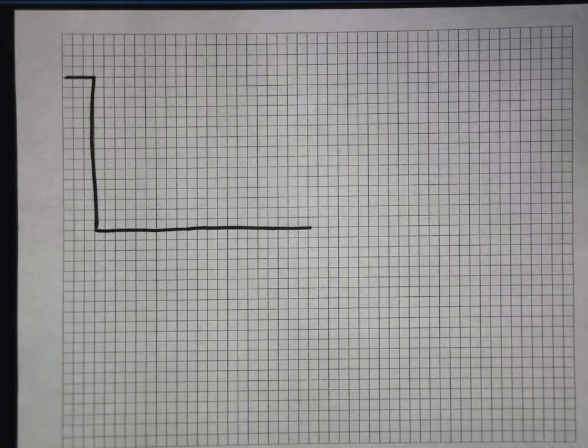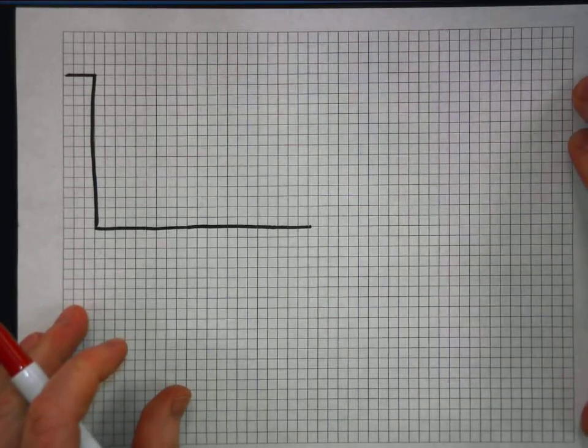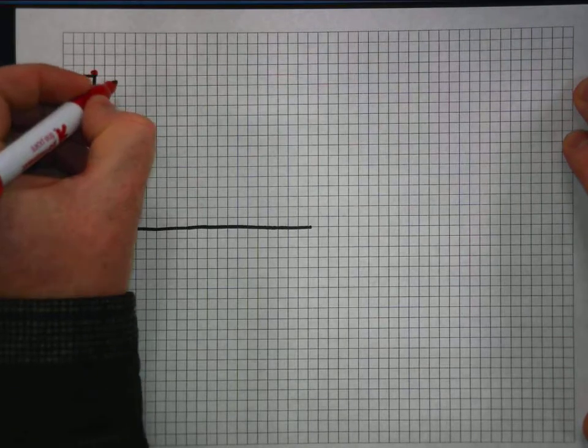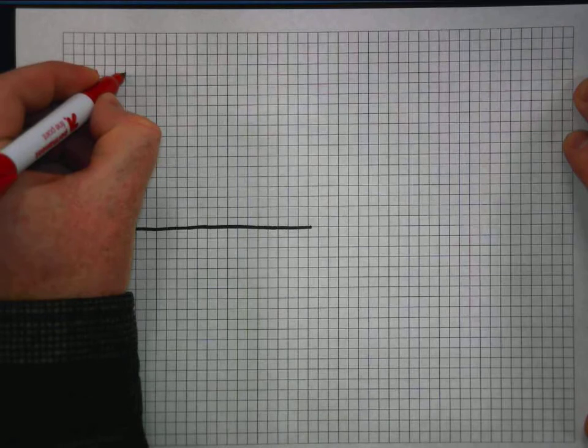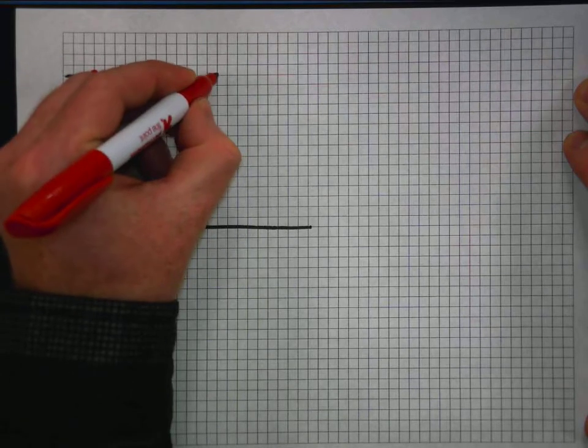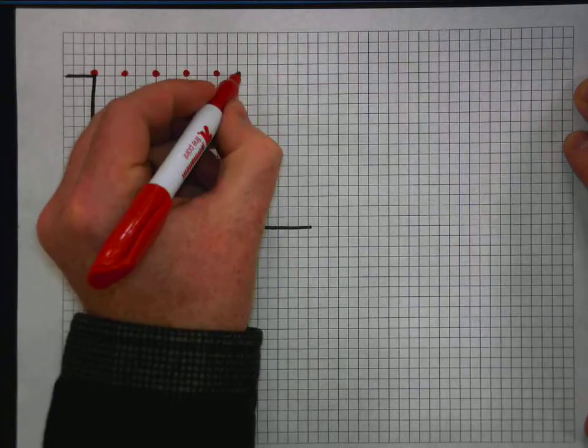All right, so what we said was if we kick the ball and there is no gravity, then every second it's going to go the same distance. And that would be constant velocity, right?